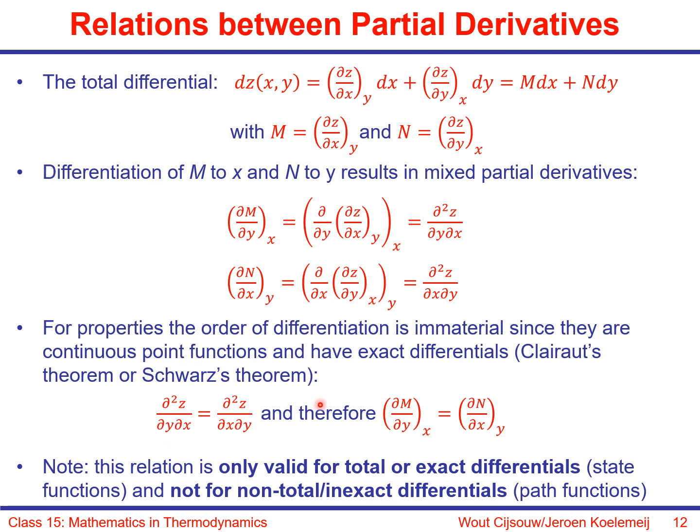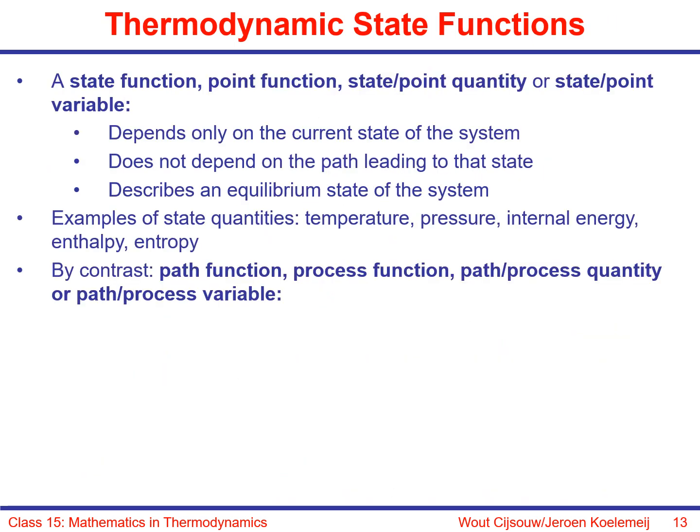So, well, this is basically what I've just said. So this is not valid for a path function. So again, a little bit of repetition, as well as also a bit more of a connection with thermodynamics.